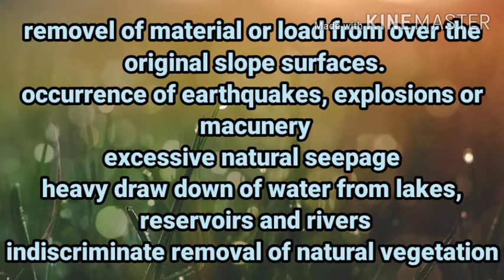Heavy drawdown of water from lakes, reservoirs and rivers also occurs. Many times you have seen on TV that there is flood or heavy rain, and many such activities occur due to mass movement. We can also include the indiscriminate removal of natural vegetation.